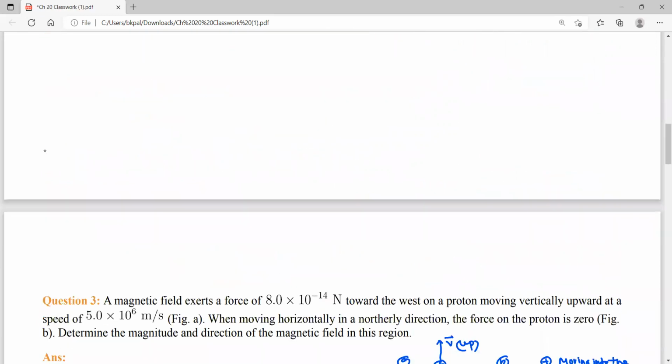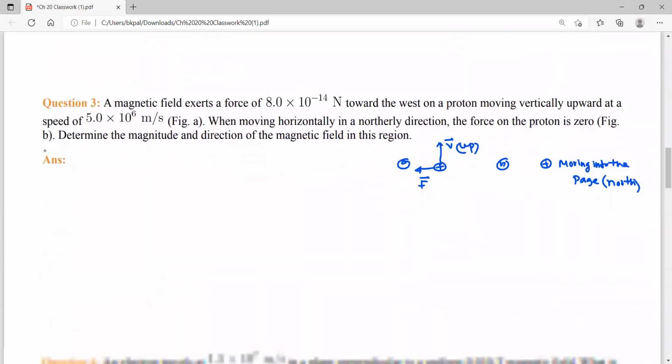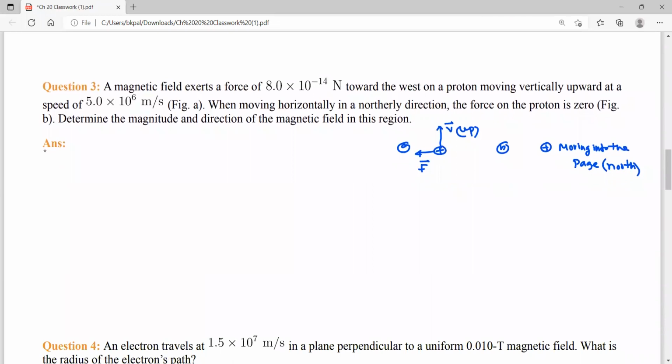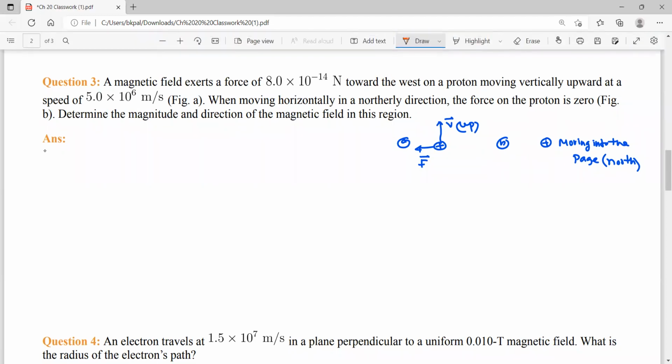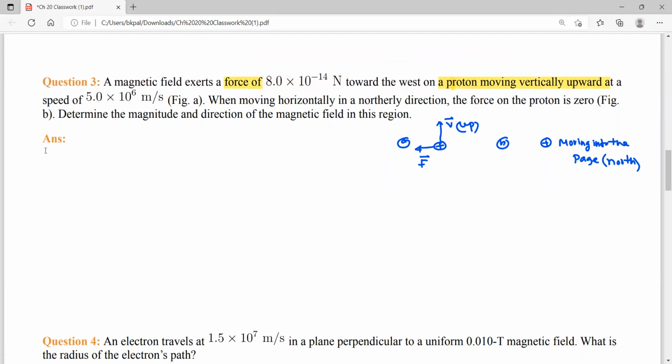All right. Number 3. So we have two pictures given. It says that when the proton, you remember the proton is a positively charged particle, is moving vertically upward, the force is this, and the direction of the force is towards west.